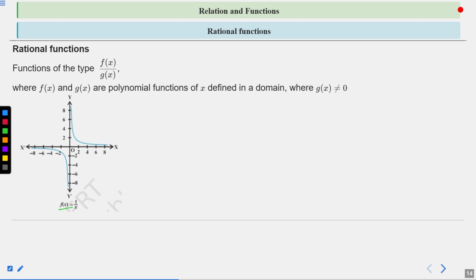Here f(x) is 1 and g(x) is x, both polynomial functions. And obviously we do not want our denominator to be 0, so x cannot be 0. So in the domain we eliminate such points where the denominator becomes 0. Simple. Clear? So the domain for this function f(x) equals 1 by x is not the complete R. If you eliminate 0 from all the real numbers, then the domain will be R minus 0. Clear?